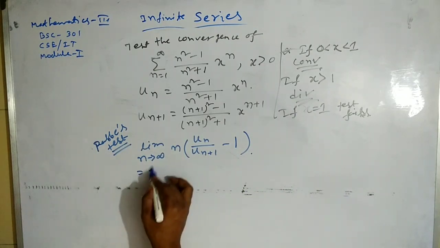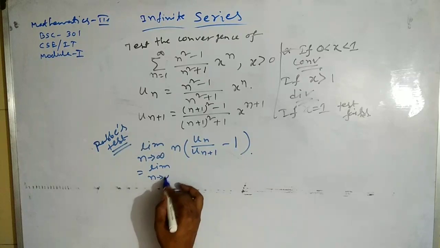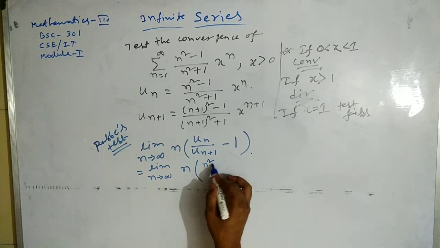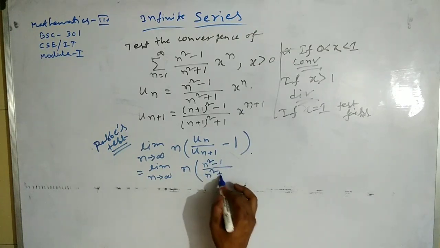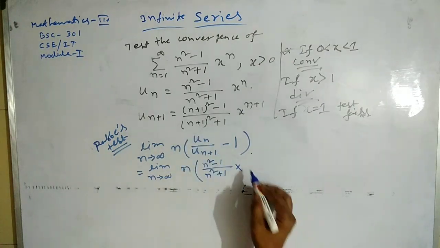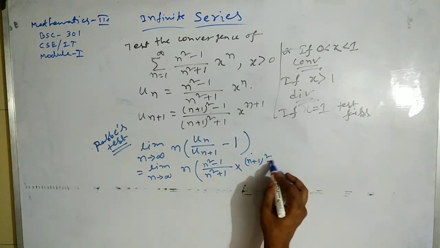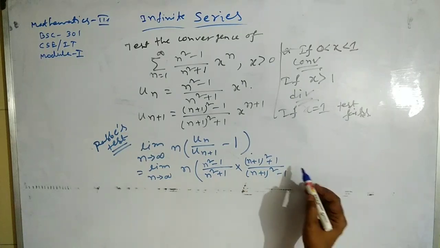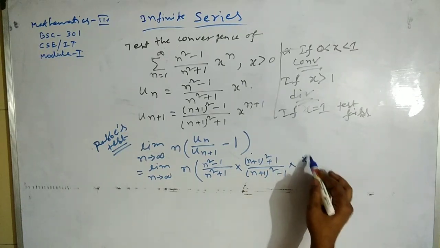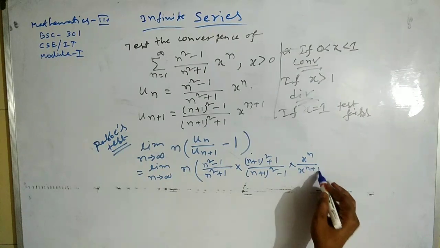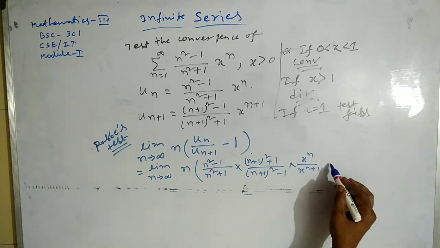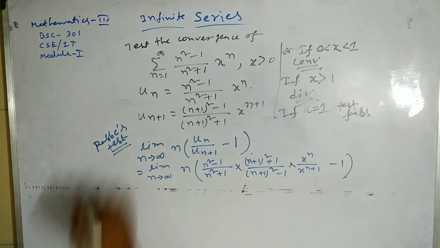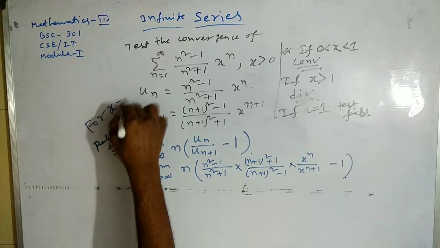So this is equal to limit n tends to infinity n into (u_n by u_{n+1} − 1), which means (n² − 1)/(n² + 1) into ((n+1)² + 1)/((n+1)² − 1) into x to the power n by x to the power n+1, minus 1. Now we are applying Raabe's test if x is equal to 1.